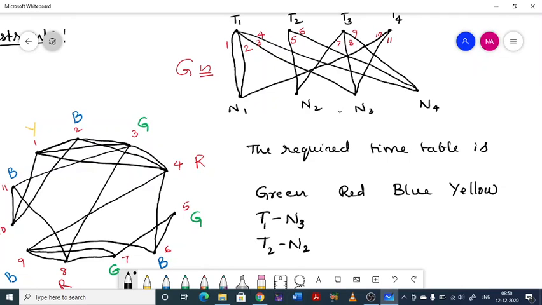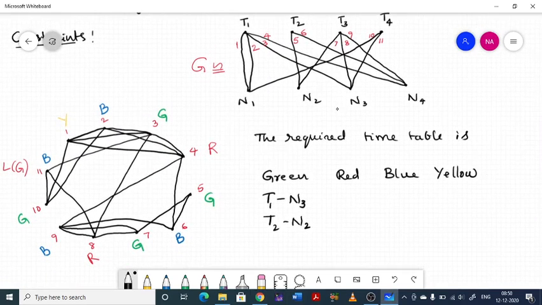Next, 7 is an edge between T3 and N2. Last one, 10 is an edge between T4 and N1. Next, come to red.